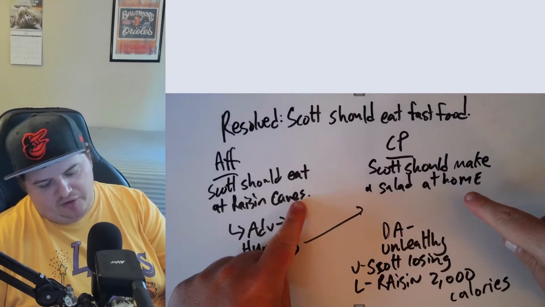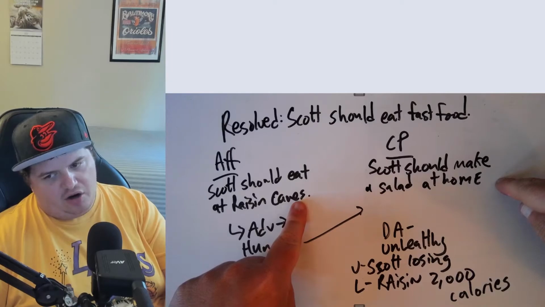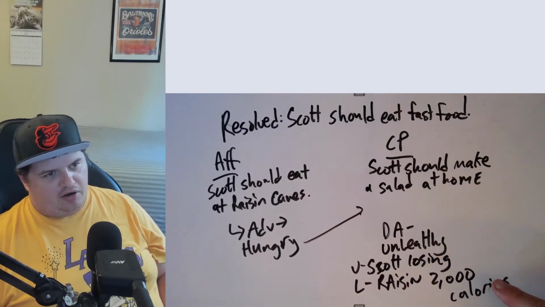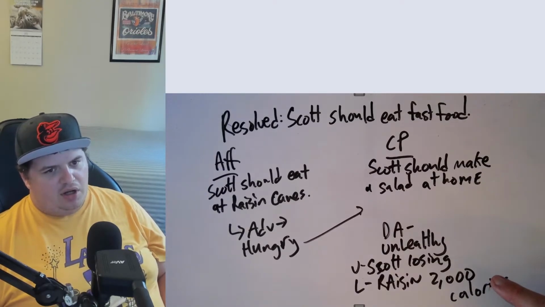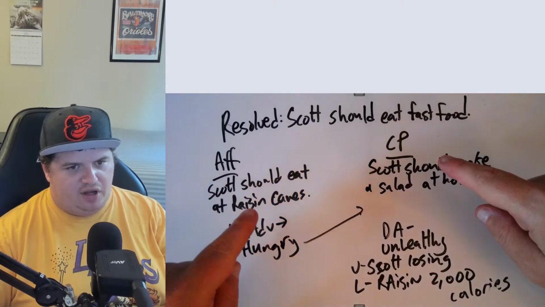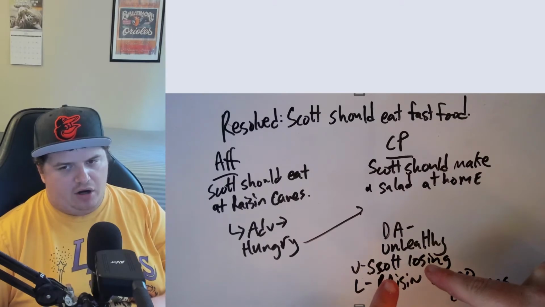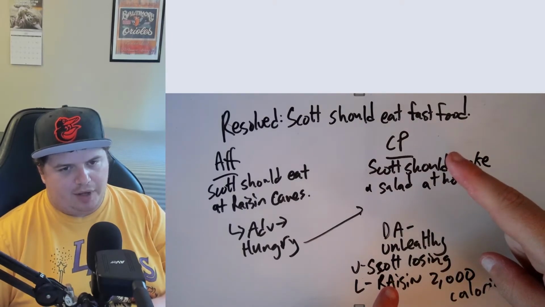If we eat at Raising Cane's and I make a salad at home, do I still eat the 2,000 calories at Raising Cane's? Yeah. So, is the combination of the Raising Cane's and the salad better than just the counterplan in the debate?